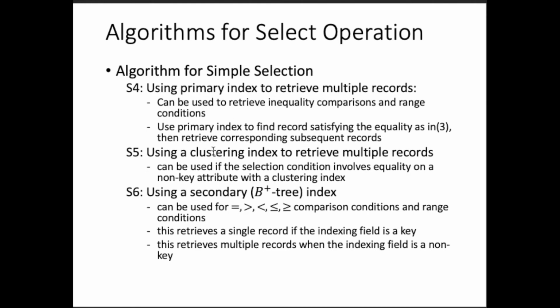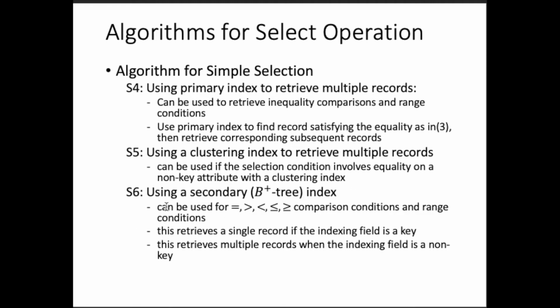Yung clustering index, it's applied to non-key attributes, so hindi kailangan primary key. Clustering index can provide a fast way to retrieve records with the same value. So, ang ine-evaluate lang natin dito is the equality condition because it can provide us a faster way to retrieve records that has the same value for a particular attribute because they are physically stored together using the clustering index.